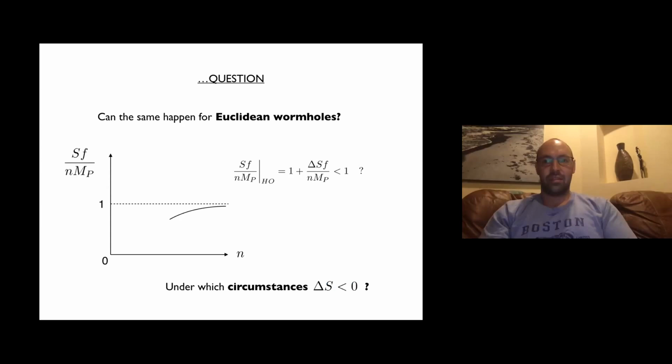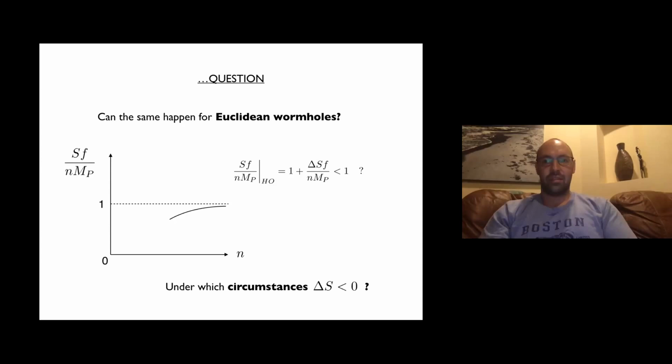So the question we ask is, can the same happen for Euclidean wormholes? Again, this is the same kind of plot we have seen before, where we are interested in understanding whether the axion to charge ratio gets corrected by higher order contribution operators in a way that now the corrected version is satisfying the axionic version of the weak gravity conjecture.